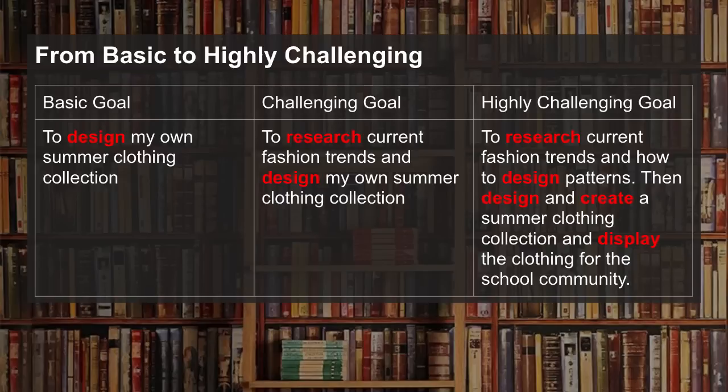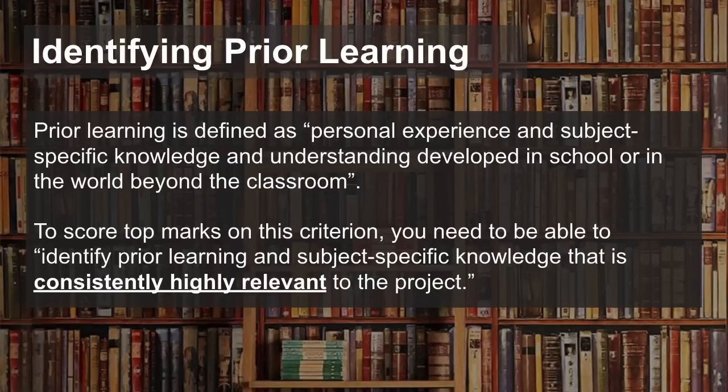Moving on now to prior learning. This is an important part of the project, and identifying prior learning can be a bit challenging for students because, as I've mentioned before, the personal project is a time where you can move outside of specific subjects. But the IB does want to see that you are considering prior learning, and they define prior learning, as you can see here on the slide, as personal experience and subject-specific knowledge and understanding developed in school or in the world beyond the classroom.